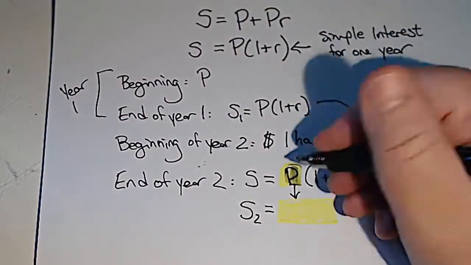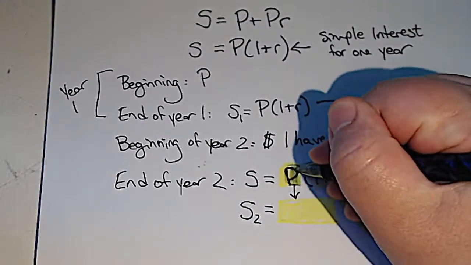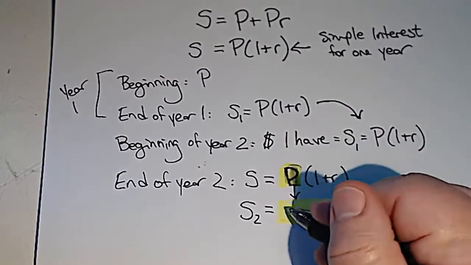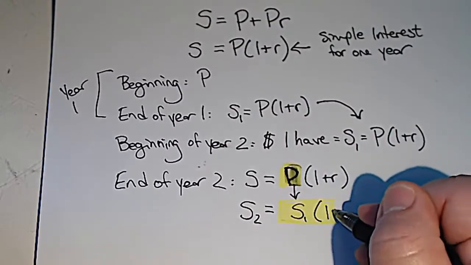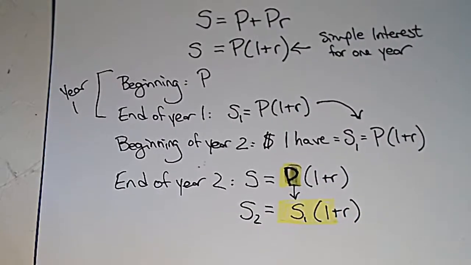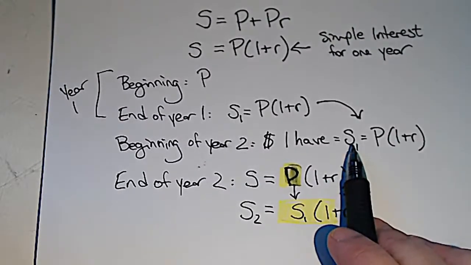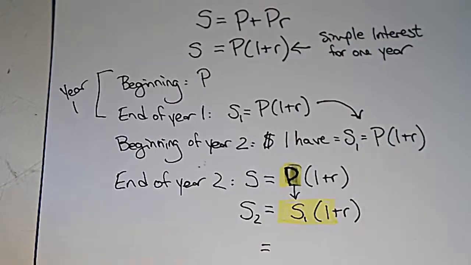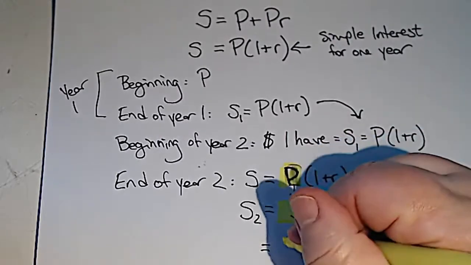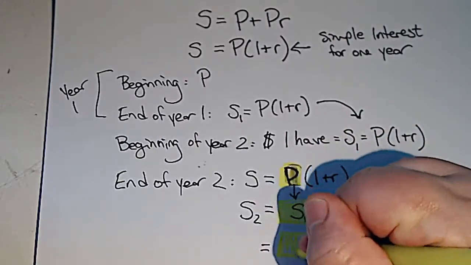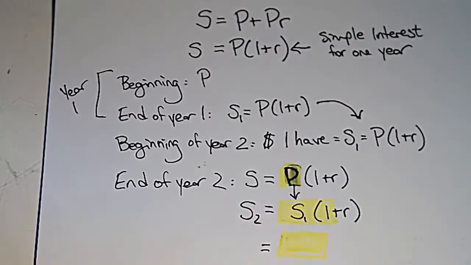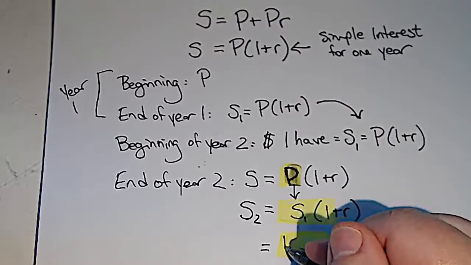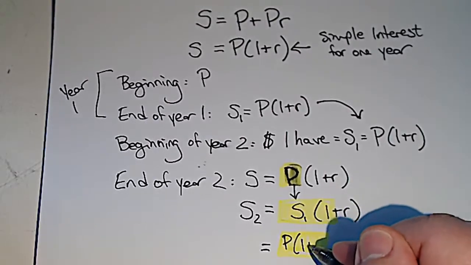In place of the P, which is what's here, this is the P, I have S1. So in place of P, I have whatever I ended up with at the end of the first year, which was what I started with in the beginning times 1 plus r.